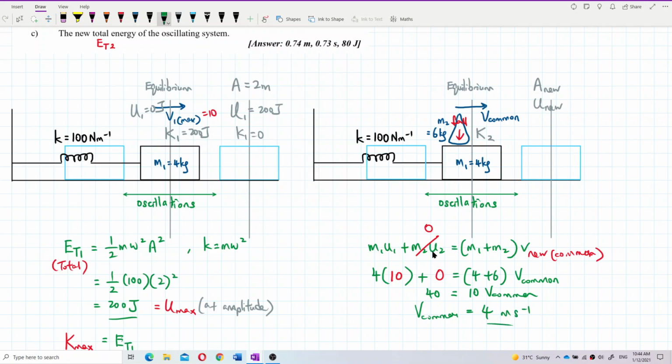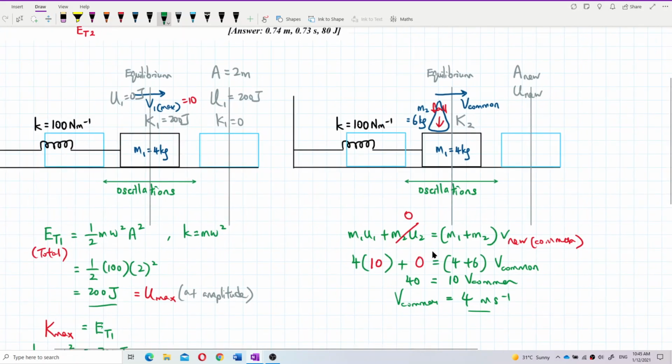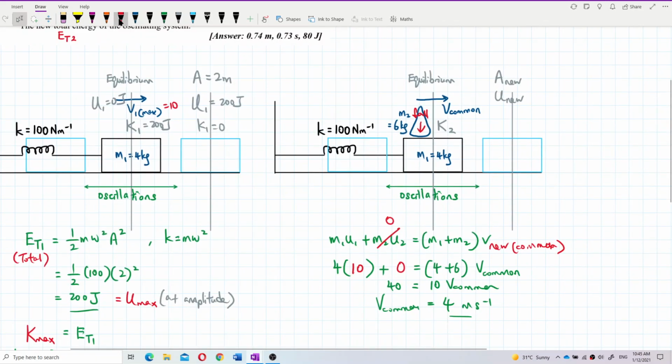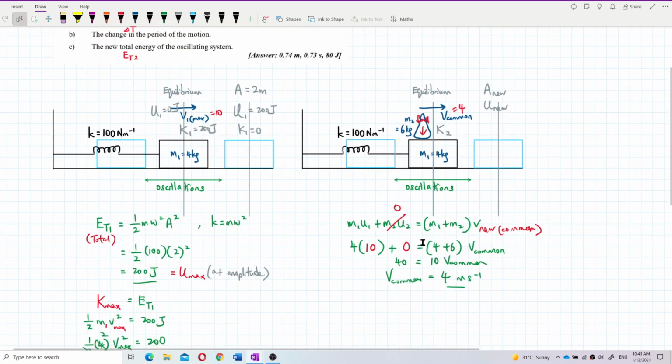That is the common velocity. Understand? Now when both stick together, they travel at 4 instead of 10, because it has become heavier.